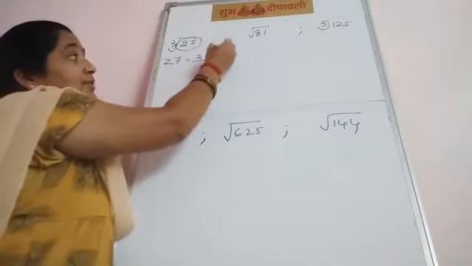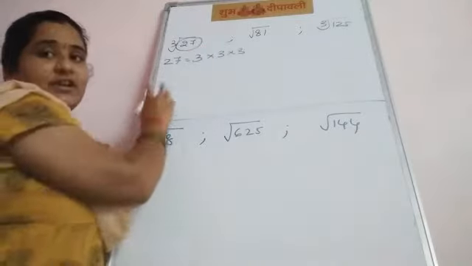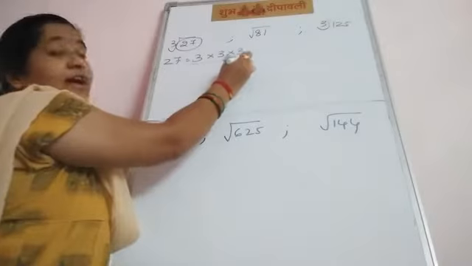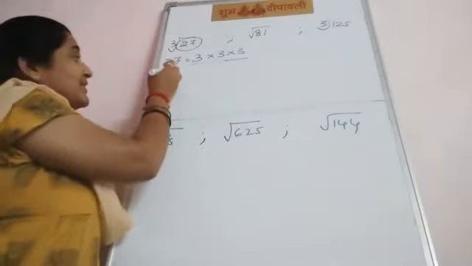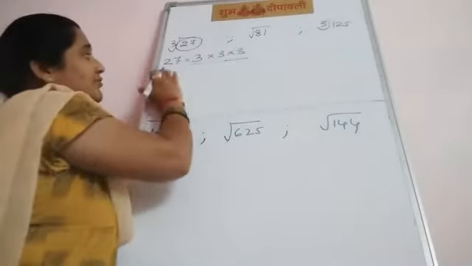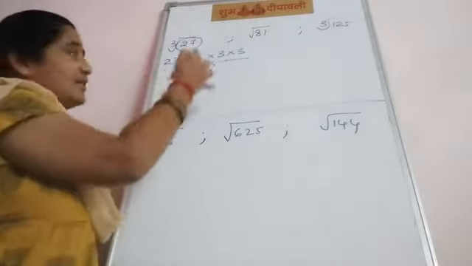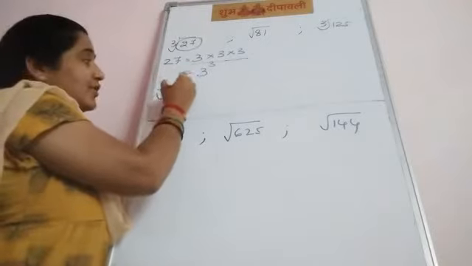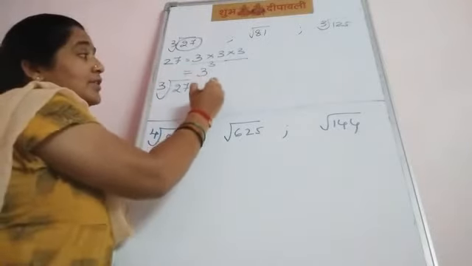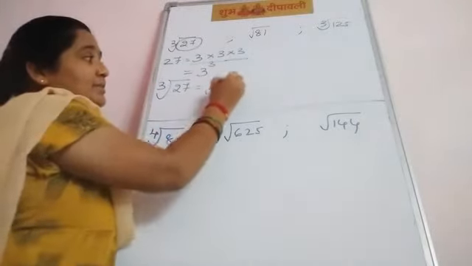So 3 into 3 into 3. 3 threes are 9, 9 threes are 27. In short form we can write 3 power 3. 3 is repeating 3 times. So cube root of 27 equals cube root of 3 power 3.